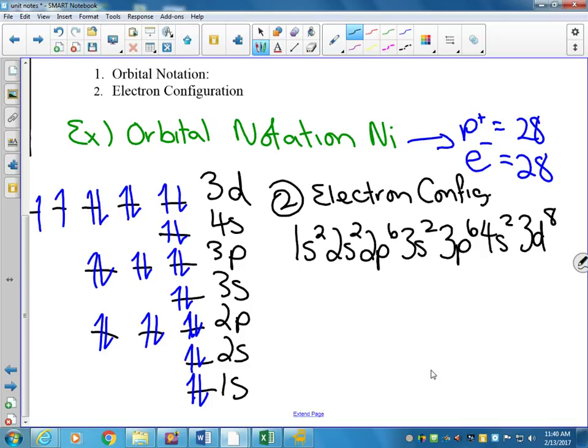Do I need to explain how I got those numbers or what those numbers represent? Okay. So 1s is the sublevel and their principal quantum number, right? 1s. What does the 2 represent?